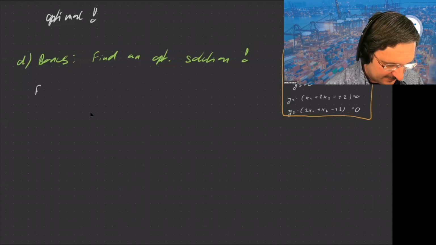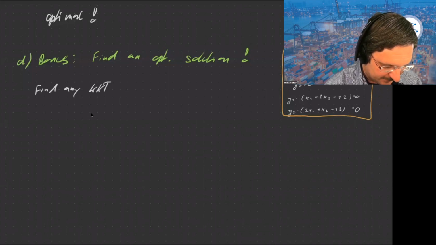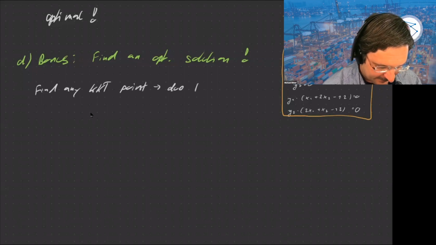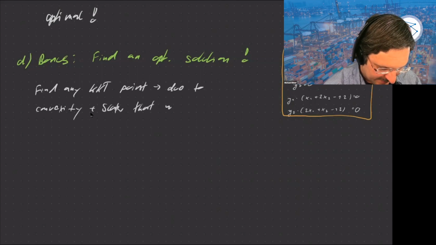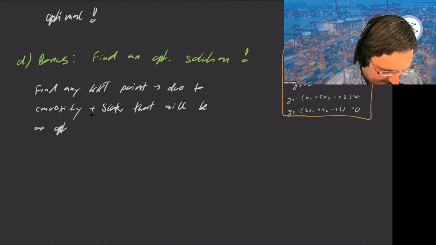Okay, so the idea is to find any KKT point. So due to our convexity and Slater, that will be an optimal solution.